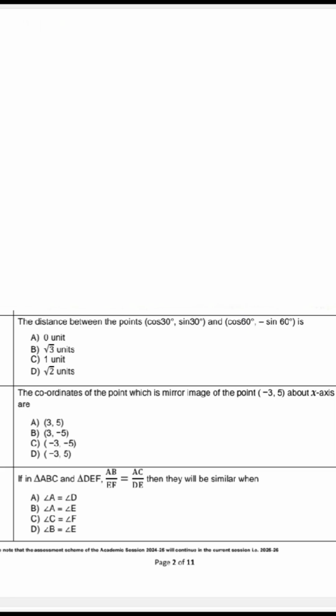Question 8 is saying: the coordinate of the point which is the mirror image of this about the x-axis. How do we solve question number 8, mirror image of this? So how do we find the mirror image about the x-axis? First you draw the coordinate axes like this.